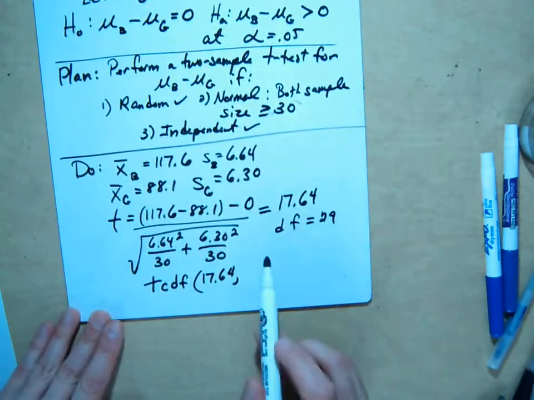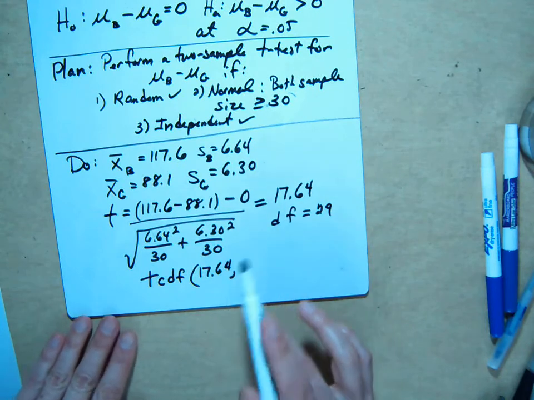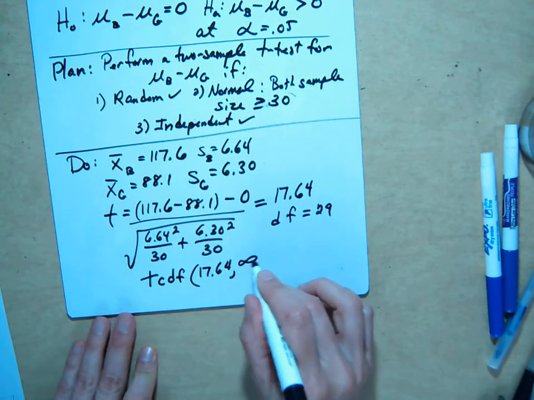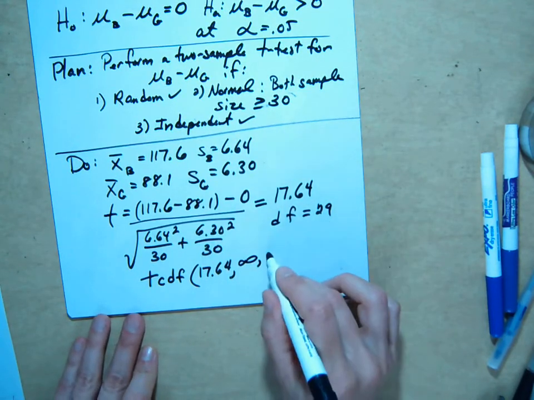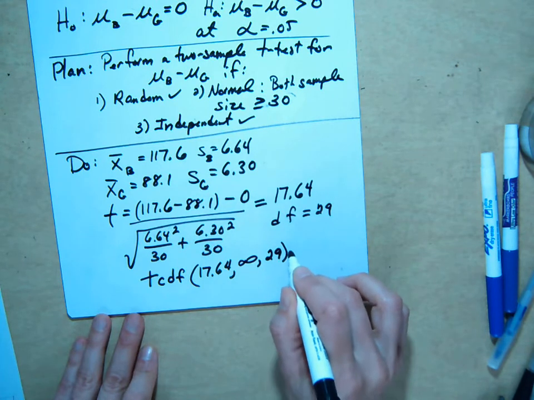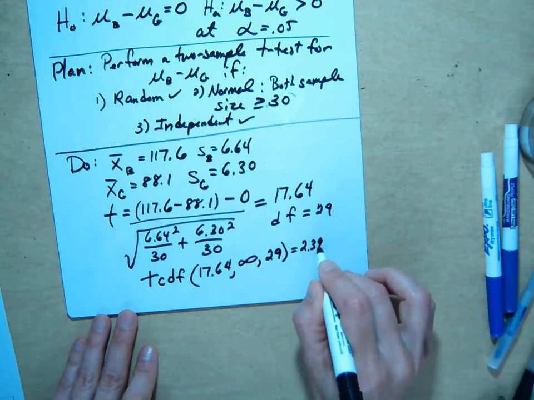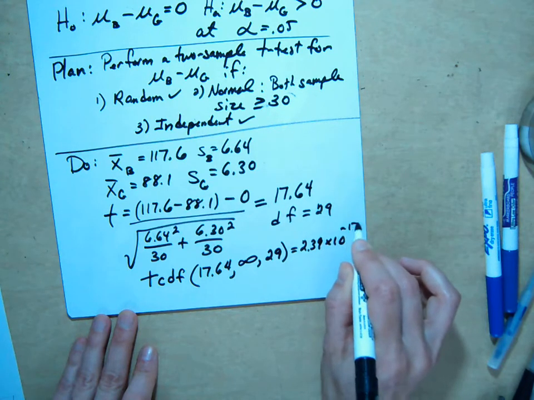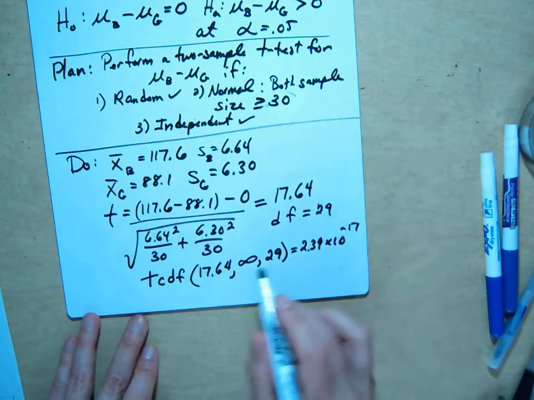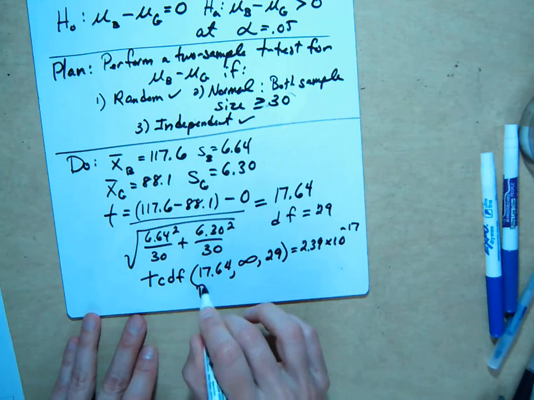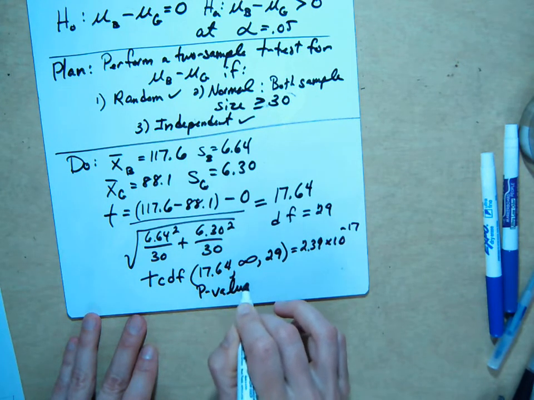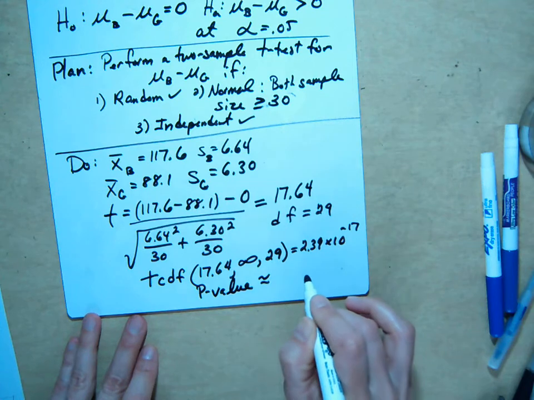So you want to go from t is 17.64 to infinity, and the degrees of freedom are 29 on your calculator. So you'll get a very small number, 2.39 times 10 to the negative 17, which is essentially 0. So your p-value then is approximately 0.